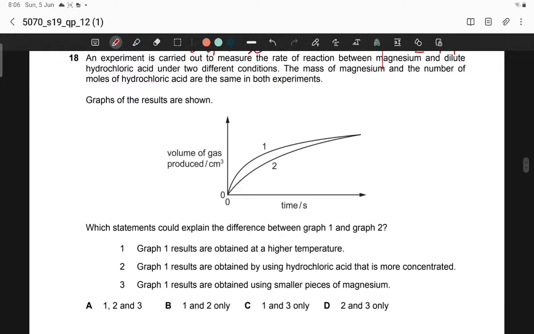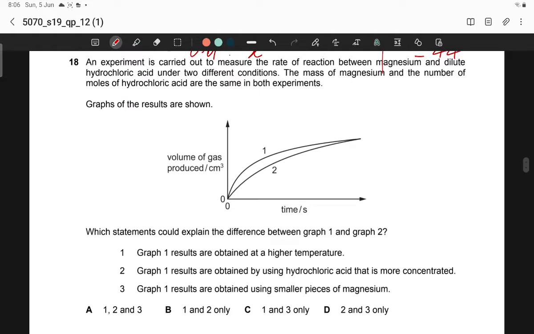Question number 18. An experiment is carried out to measure the rate of reaction between magnesium and dilute hydrochloric acid under two different conditions. The mass of magnesium and the number of moles of hydrochloric acid are the same in both experiments. Graphs of the results are shown.